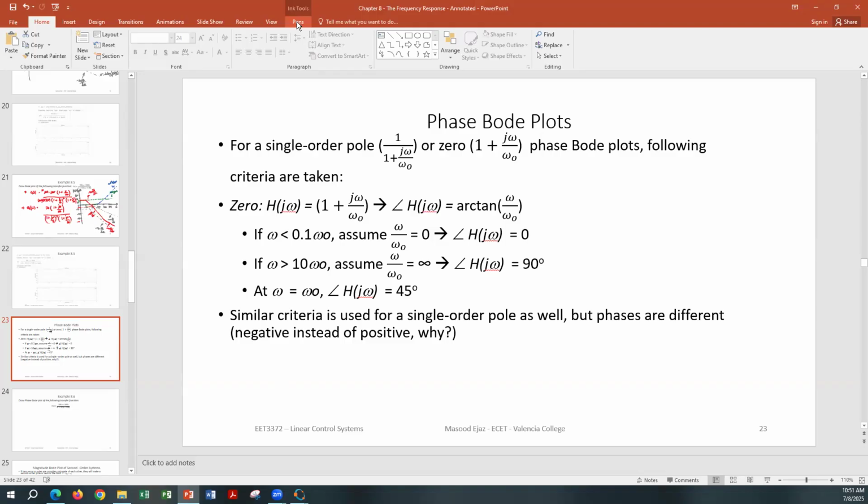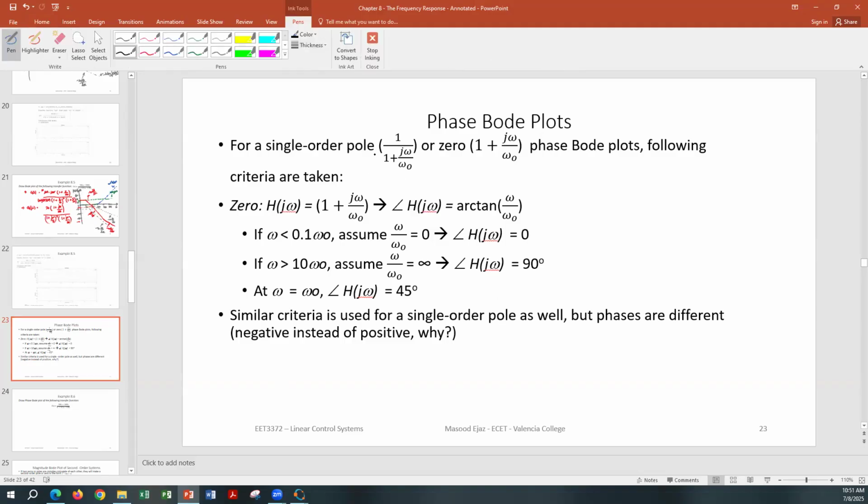Let's look at that. So again, you have a single order pole. Either you're going to have 1 over 1 plus j omega over omega naught type of factor, or 1 over 1 plus s over omega naught, or you will have, of course, a 0, 1 plus s over omega naught. S is equal to j omega.